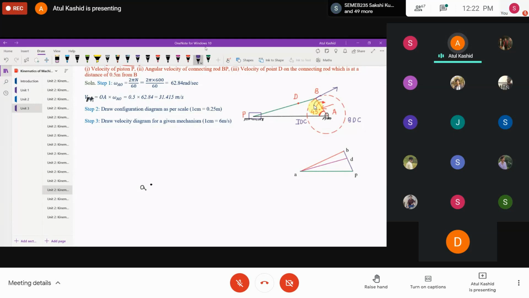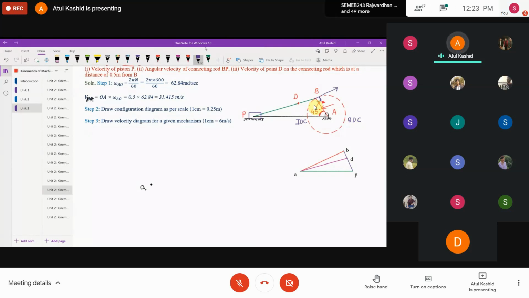If it were rotating in the anti-clockwise direction, then the velocity direction would be towards the left. But this is not the case. The link AB is rotating clockwise, so its velocity direction is perpendicular to AB over here, right?